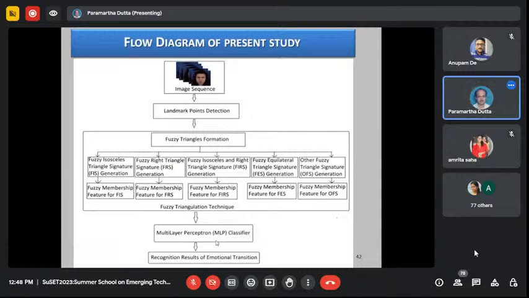So here is the roadmap of this particular study. You have got your image sequence. Similarly, here the landmark points are detected using AAM. Then this block gets changed or altered.